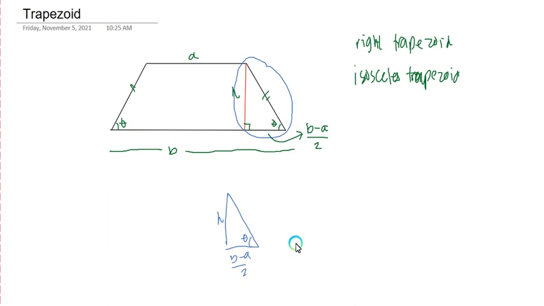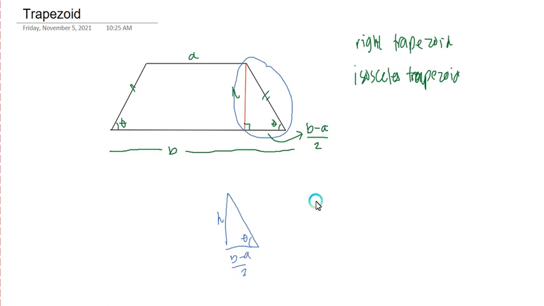Okay, so the question now is, usually this is what is asked with a trapezoid: how do we get the area? The area of a trapezoid is equal to the product of the mean of the bases and the height. The mean means we add the two and divide by 2.